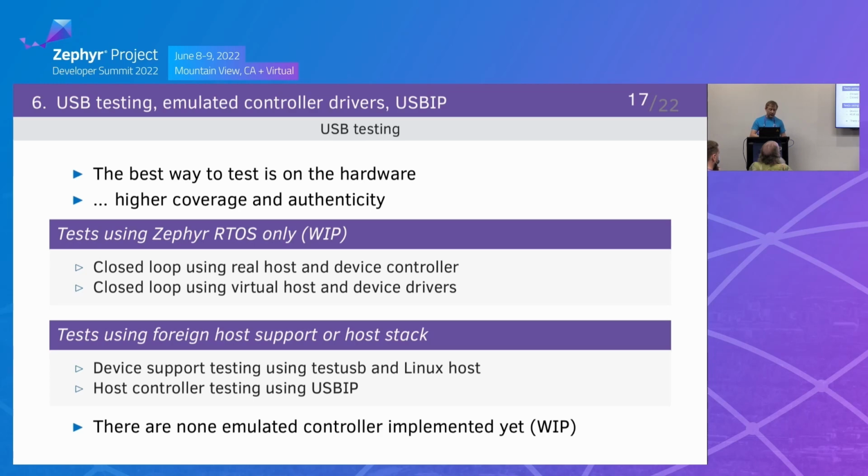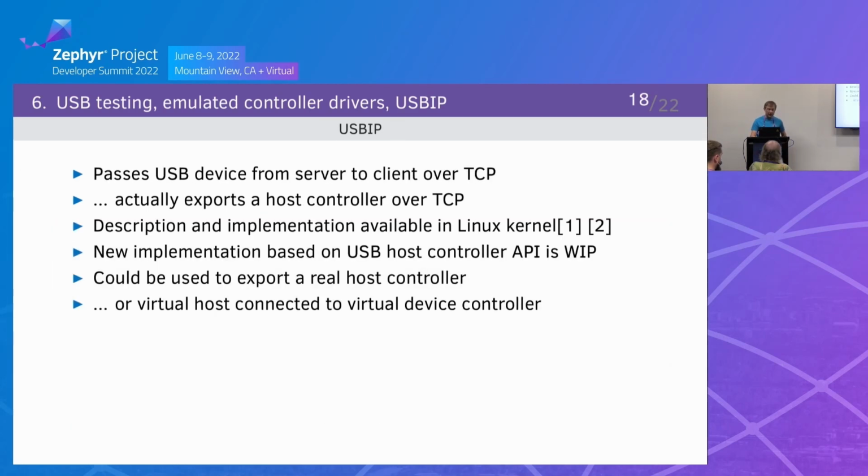It uses USBIP, and that's another way to test the host part of the USB support, and also to use that for development, for class or application development for the USB device stack. So we don't have any emulated controller or virtual controller implemented yet, but it's work in progress. So just a bit about USBIP.